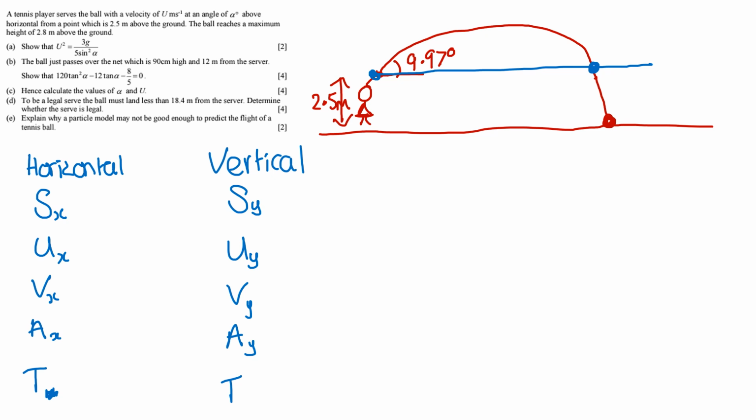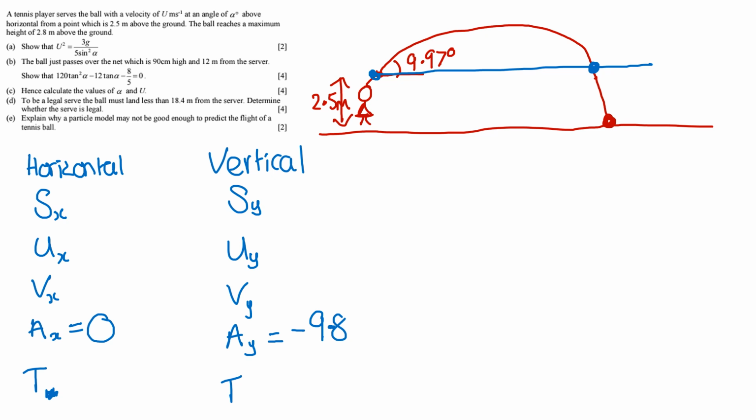Right, so after it's been hit, there's no horizontal acceleration, so that's 0. The vertical acceleration is always minus gravity, which is minus 9.8 m/s squared. Won't bother with units.